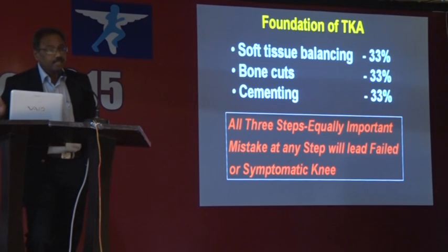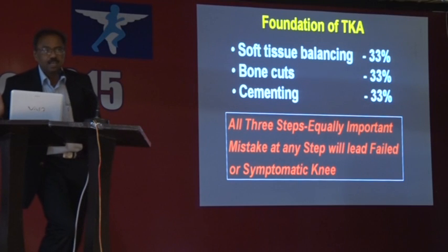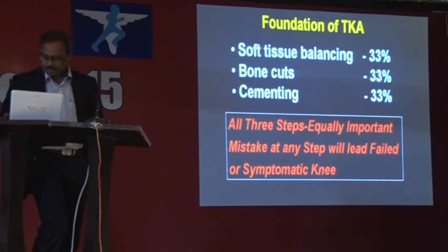It is as important as in total hip arthroplasty. So all three are equally important. If even one thing is wrong, the joint will fail, and then the other good work also becomes useless.